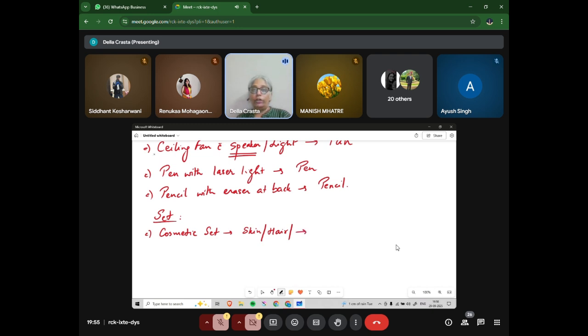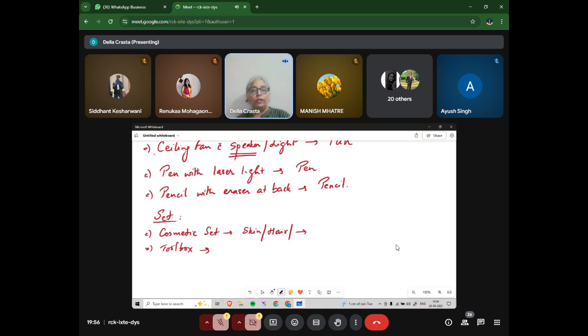Accordingly, in your chapter you have cosmetic preparations for skin, for hair, or for other things, so that set will go as per what set it is. Somebody said toolbox. Okay, toolbox, but you will have to identify which one.